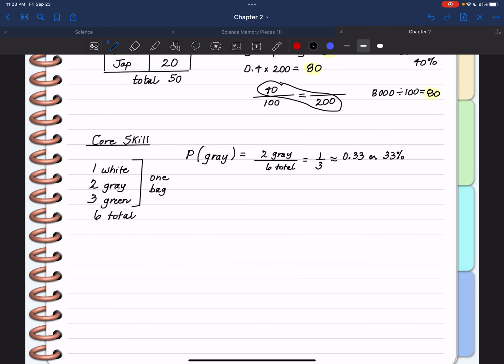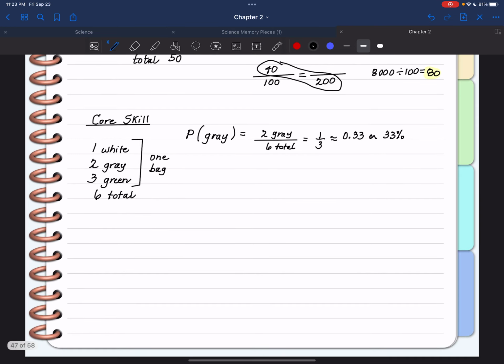All right, here's another question. Now find each of these probabilities using the bag of marbles shown below. So in the bag of marbles shown below, let me go ahead and tell you how many there are. There are white marbles, there are gray marbles, and there are blue marbles. This is one bag. And let me give you the proportions here.